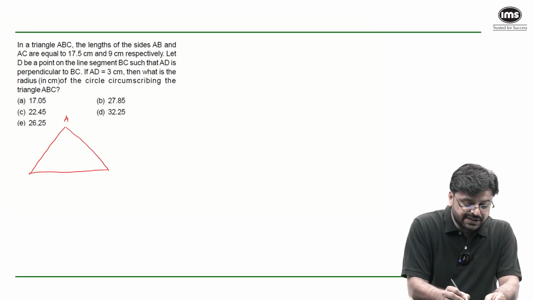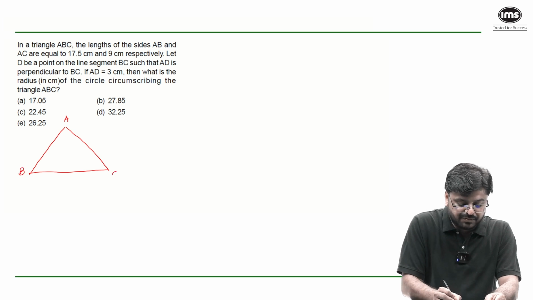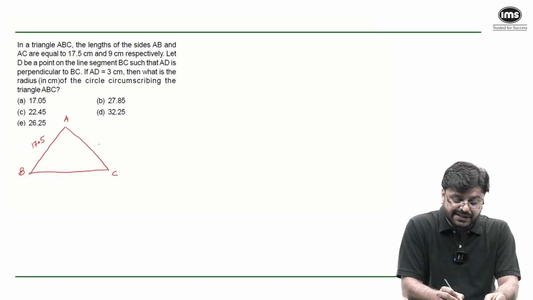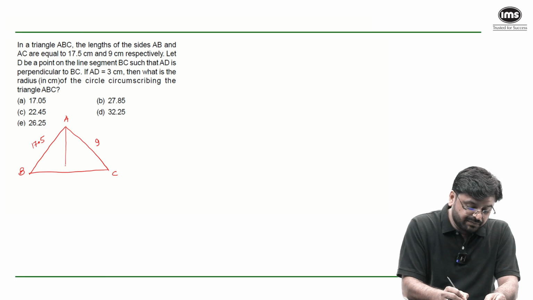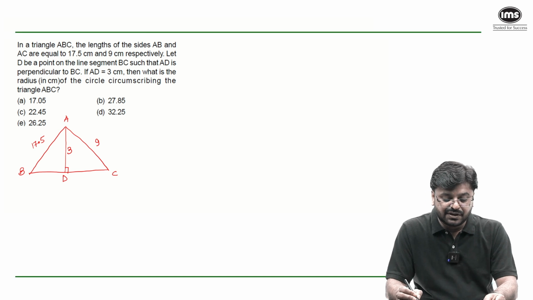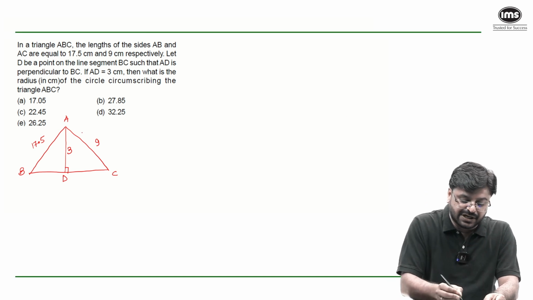Let's say this is A, point B, point C. It is given that AB is 17.5, AC is 9. They're dropping a perpendicular from A on BC, let's say AD, and this is given to us as 3.